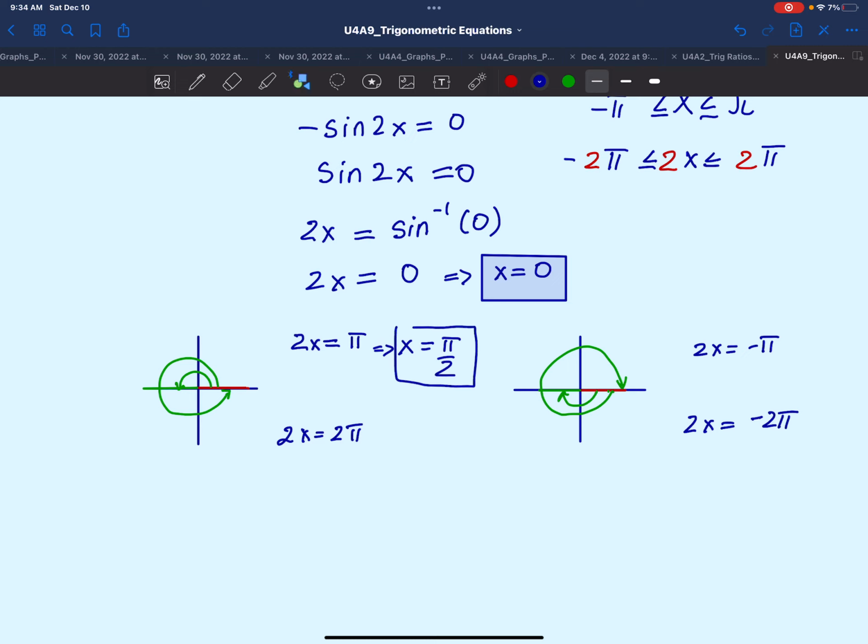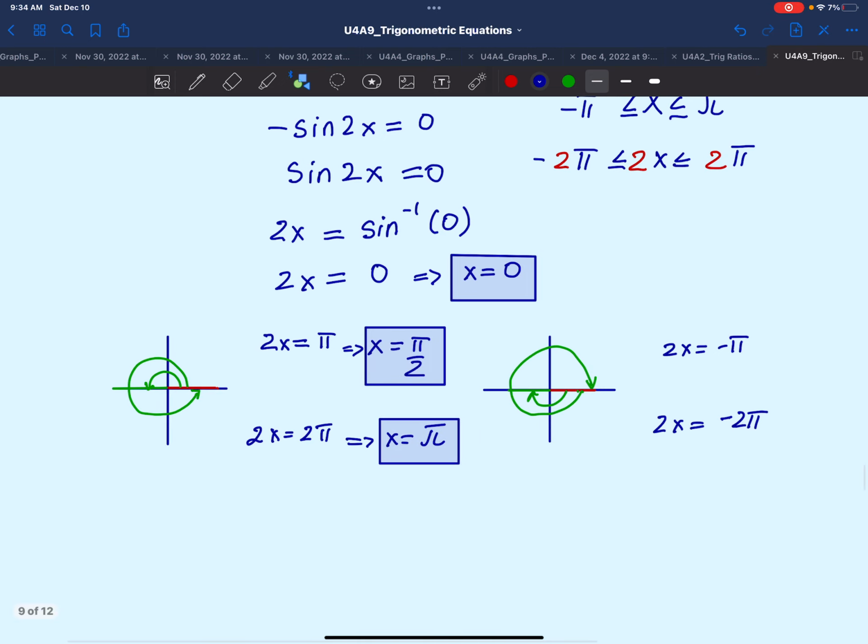Next we have x equals positive pi. And lastly, we have the negatives. So we have x equals negative pi over 2 and x equals negative pi.